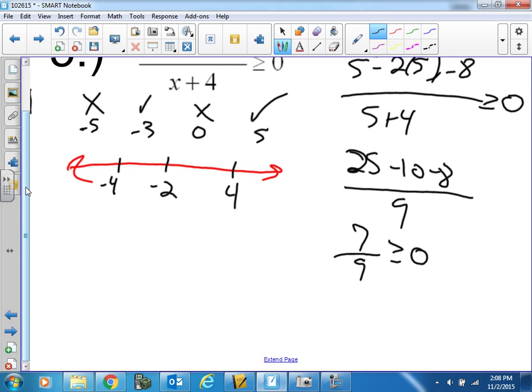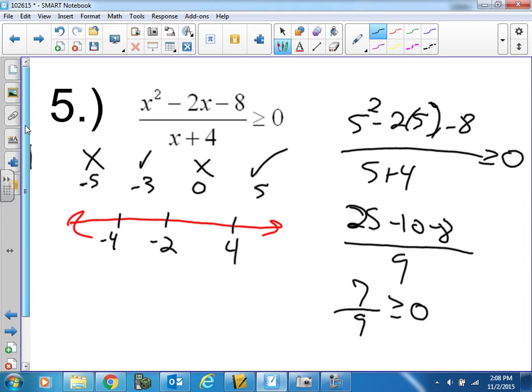Okay, now we can do our interval notation from here. If you were going to do a number line, you would take this and say, okay, negative 4. Now, I know, again, it's a greater than or equal to, but at negative 4, our denominator will be 0. So we have to have an open circle at negative 4. All right, and everything before negative 4 didn't even work anyway.